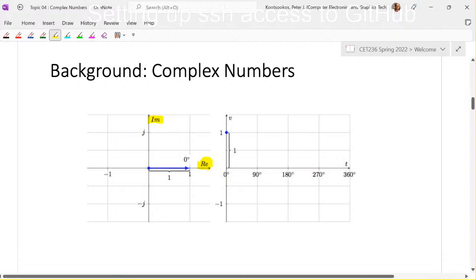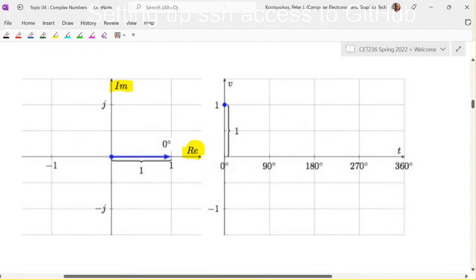Now, I'm going to be confusing even the people who are very happy with complex numbers, because I'm going to be using j to represent the square root of -1.